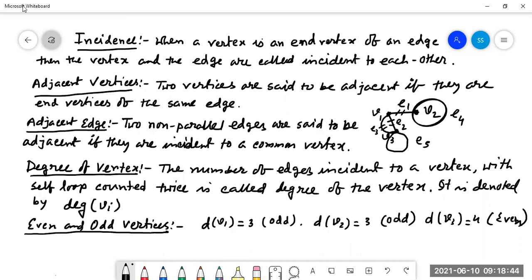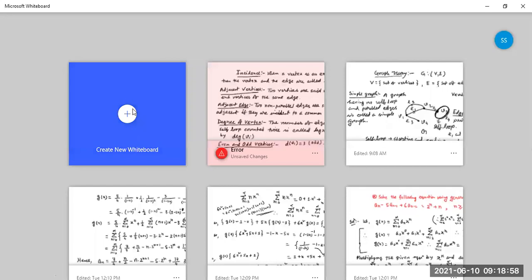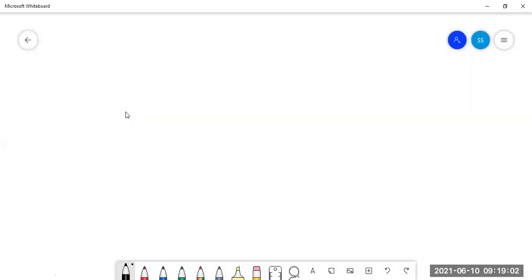Now we are going for the regular graph. Can I go to the next slide? Yes, sir. Now we are going to start about the regular graph.